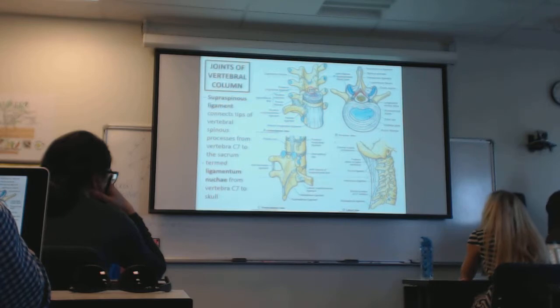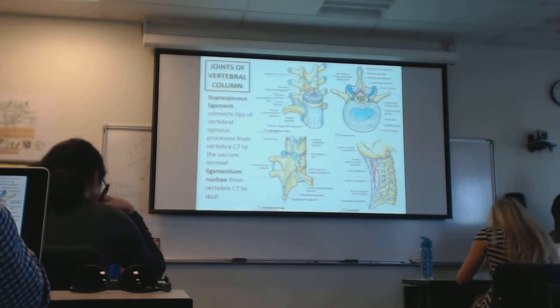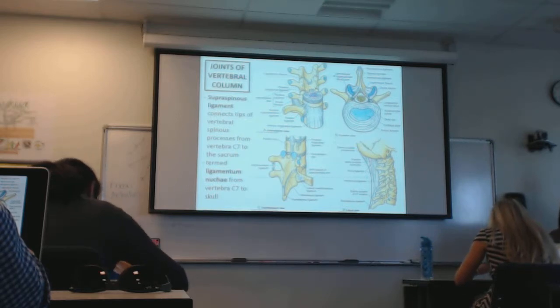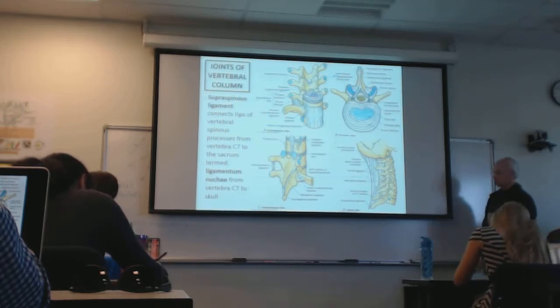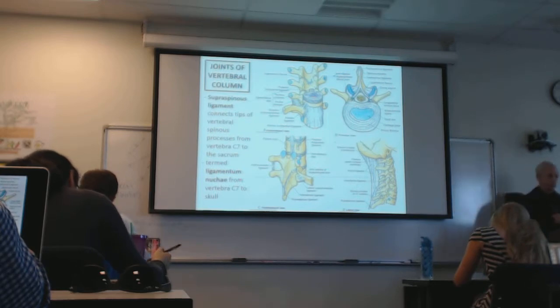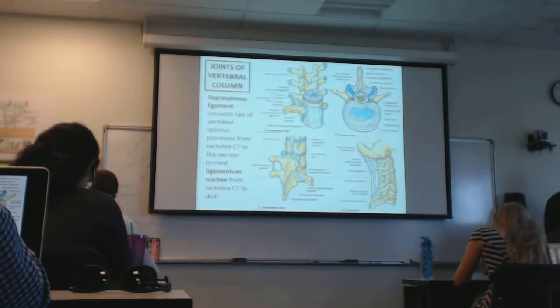All right, so notice superiorly as we get up into the neck that the interspinous ligament emerges into this very long band, almost alien-looking thing, called the nuchal ligament. And the function of the nuchal ligament is to restrain and support movement of the head, especially in the anterior and posterior direction, flexion and extension.